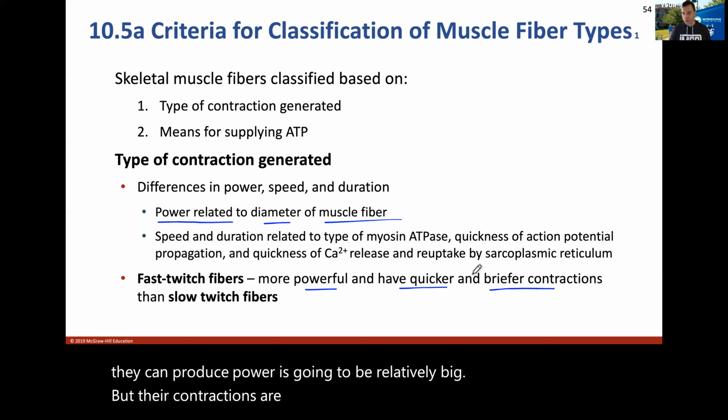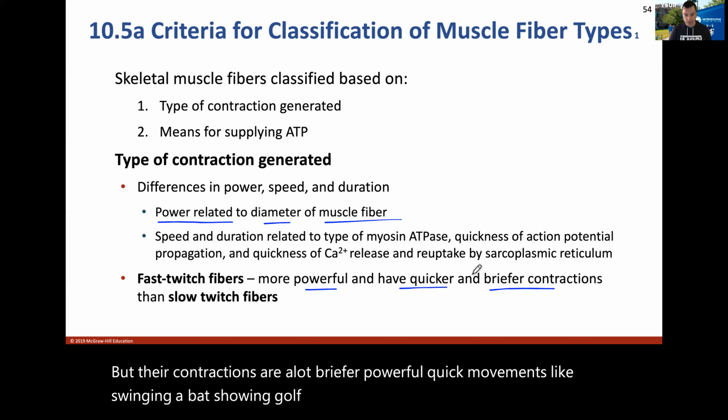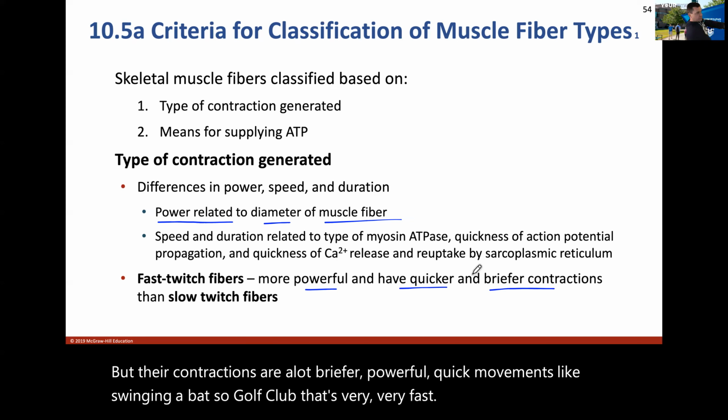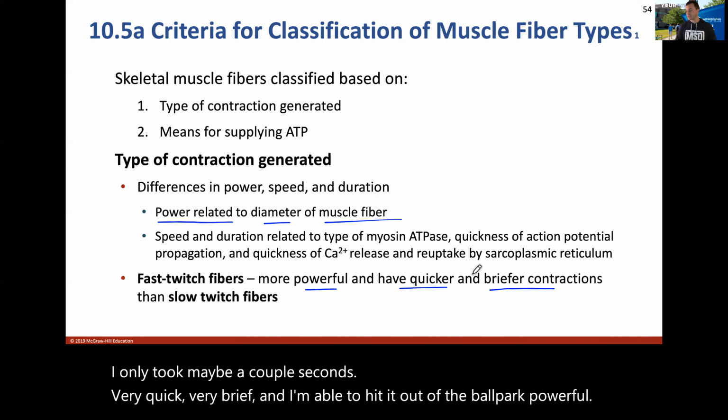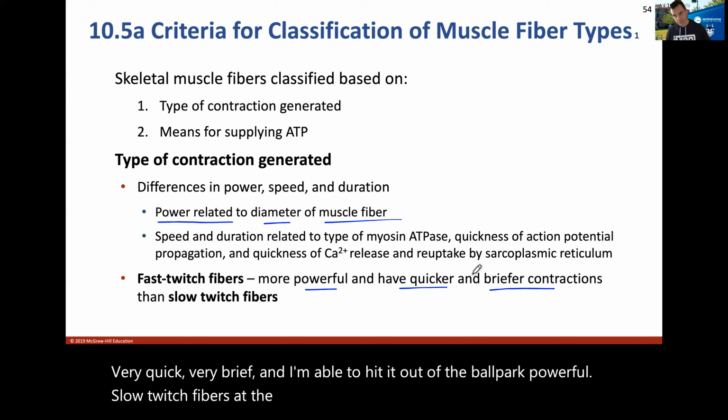Powerful, quick movements like swinging a bat, swinging a golf club. That's very, very fast. Boom. It only took maybe a couple seconds. Very quick, very brief, and I'm able to hit it out of the ballpark. Powerful. Slow twitch fibers are the exact opposite of that. So if you remember fast twitch, tell yourself slow twitch is opposite, you're good to go.